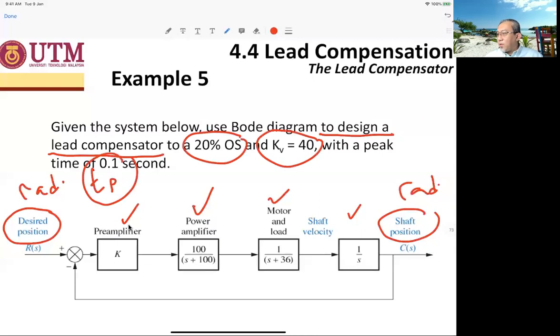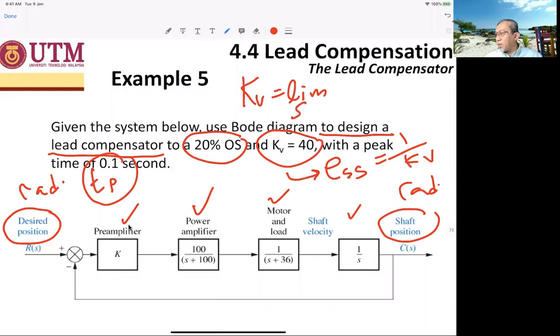So this Kv is related to the steady state error, where ess is equal to 1 over Kv, okay, 1 over Kv, right? And the Kv also has a formula, limit s to 0 of s K G(s), okay.